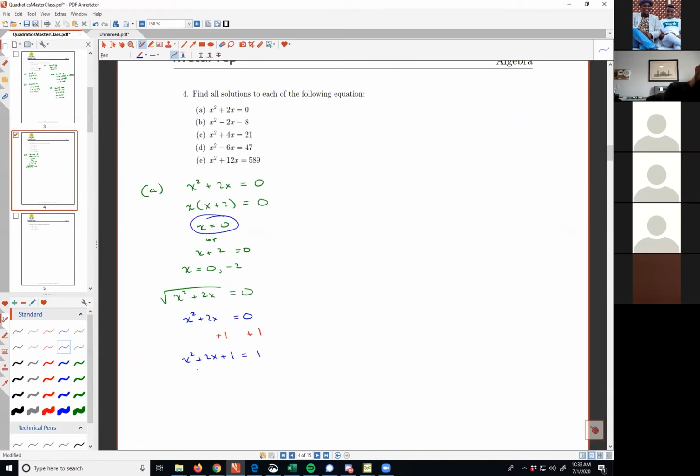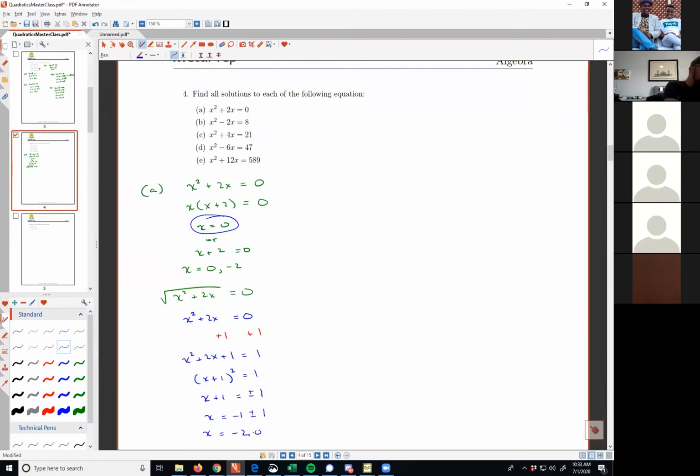Now we can factor the x plus 1 squared. And we get the same solutions we got before.